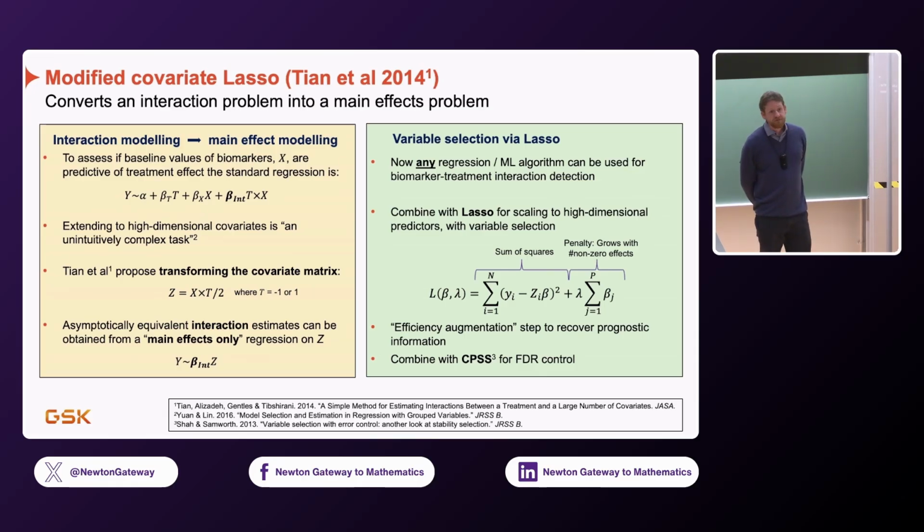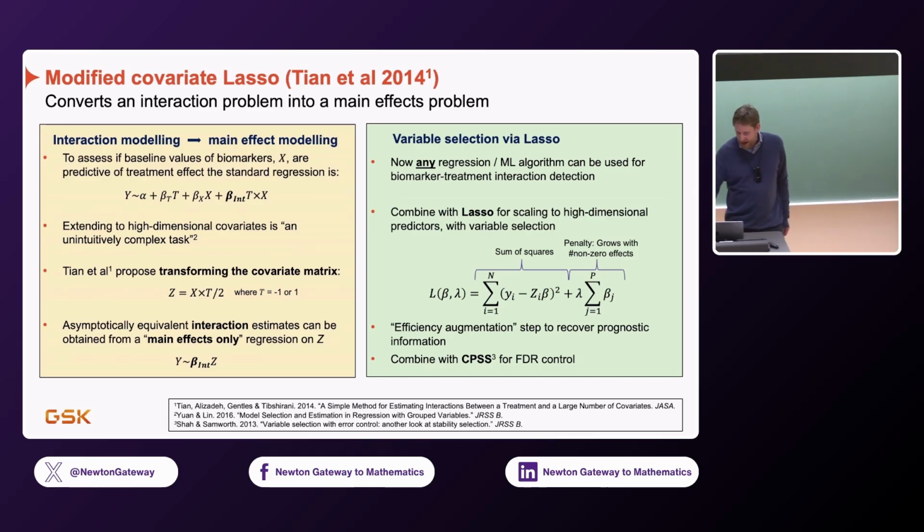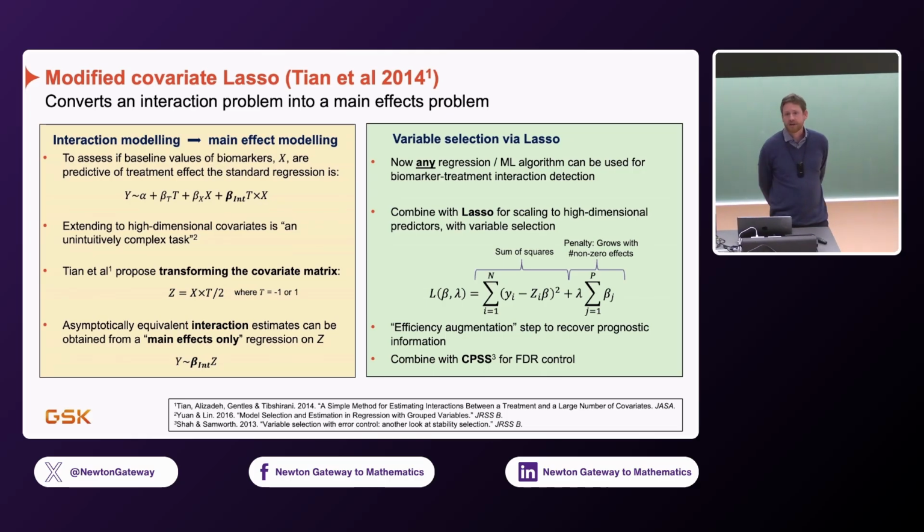For error control and feature selection, just to note, we've combined this with complementary pairs stability selection, which was developed by Rajen Shah, who's based here, I believe, and Richard Samworth, which is a way of allowing a sort of quasi-FDR control for really any variable selection algorithm that gives you in or out decisions on each variable.